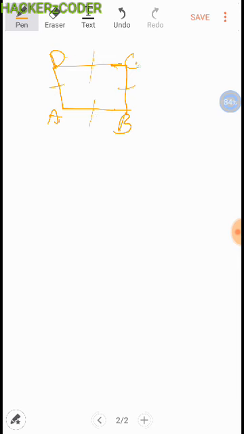Now you want to form the minimum spanning tree for this graph. What actually happens is, 1, 2, 3. Now this is your graph, the minimum spanning tree.